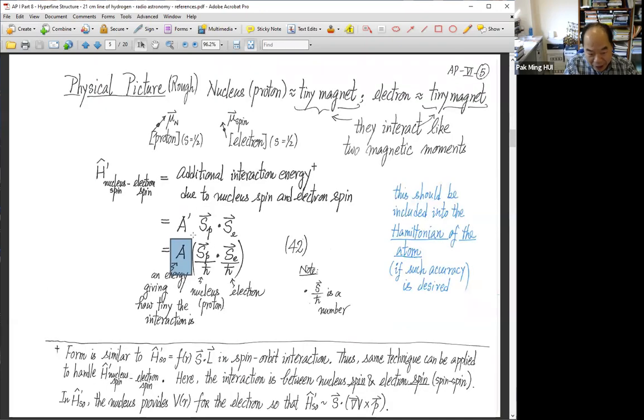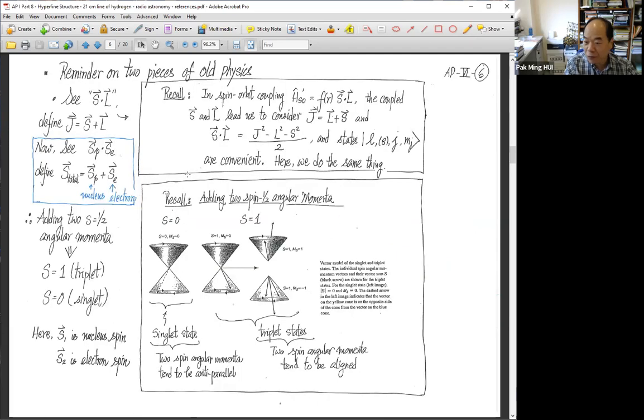We need to handle this kind of coupling of two angular momenta. This is not the first time we did that. This is the third time actually. So the first time we did such a situation is S dot L. And we know how to do that. We better define a total.